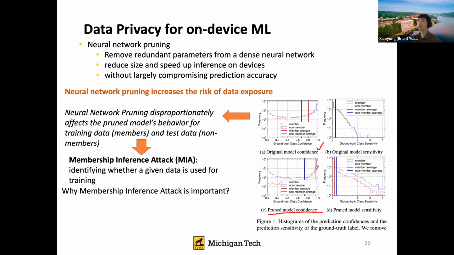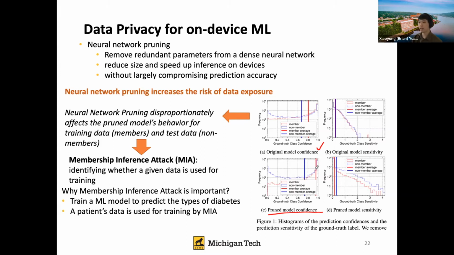Let me first briefly describe why the membership inference attack is important. Suppose we train a machine learning model to predict the type of diabetes, and an attacker may know that a patient's data is used for training by using this membership inference attack.